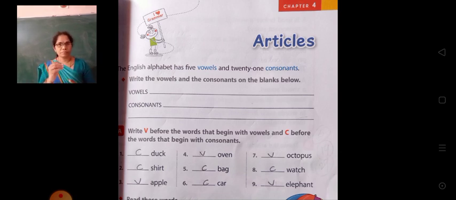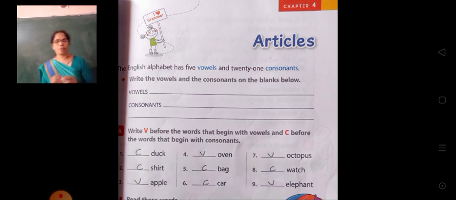If any word starts with a vowel letter, then we have to use an, the article before that sound, the vowel sound, and before a consonant sound we have to use the article a.